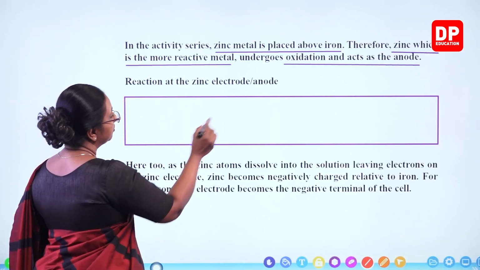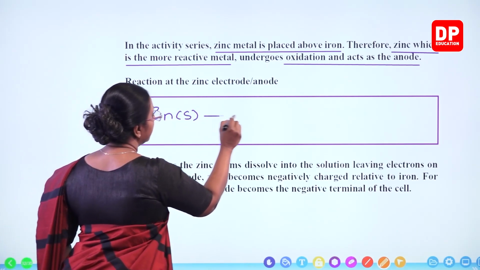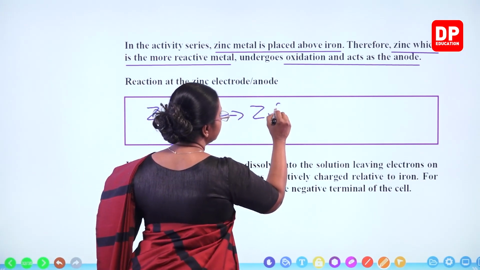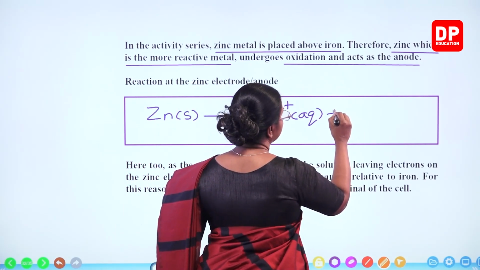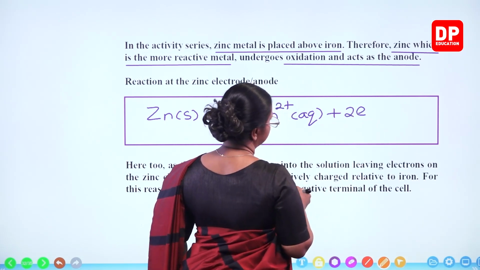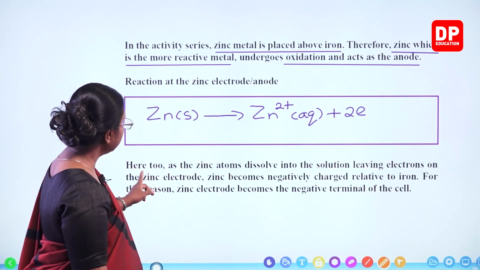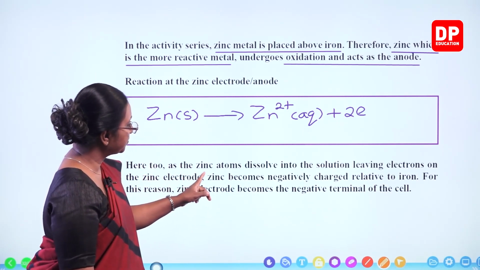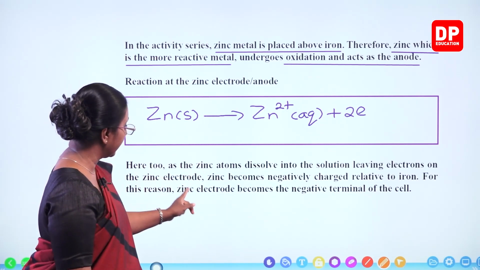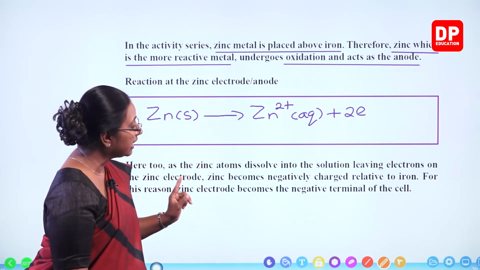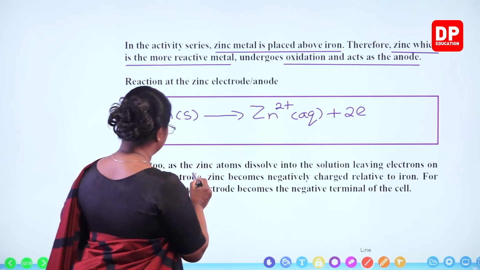Reaction at the zinc electrode or the anode: Zn (solid) forms Zn2+ (aq) by losing 2 electrons. And this is one particular reaction. Here too, as the zinc atoms dissolve into the solution, leaving electrons on the zinc electrode, zinc becomes negatively charged relative to iron. So all what I explained to you all.